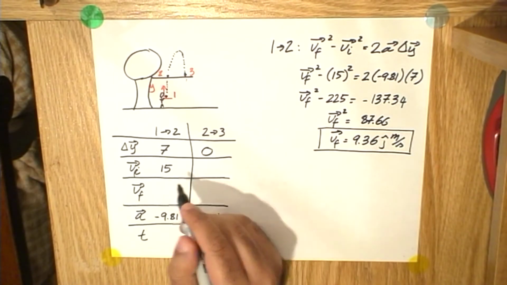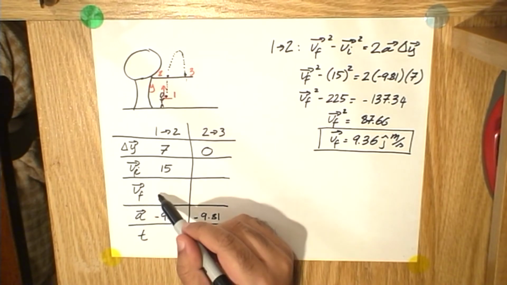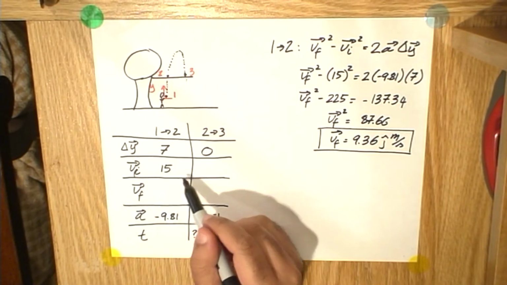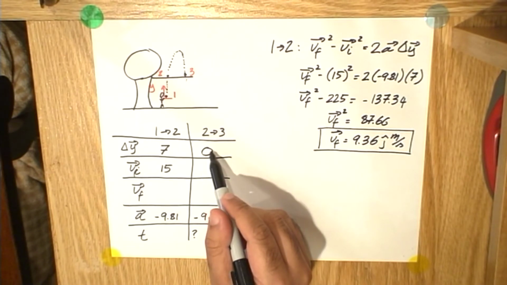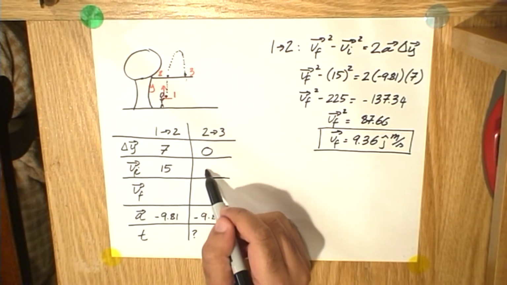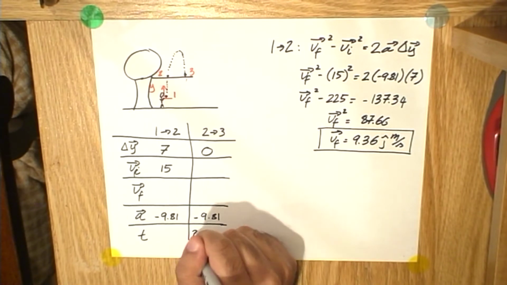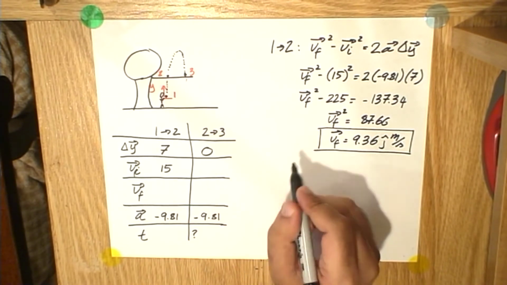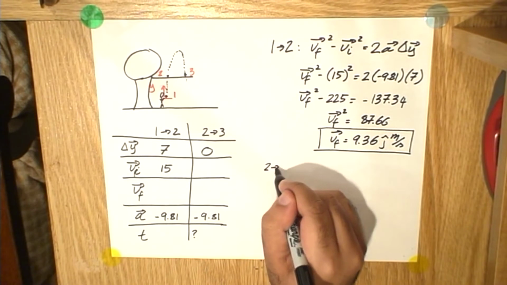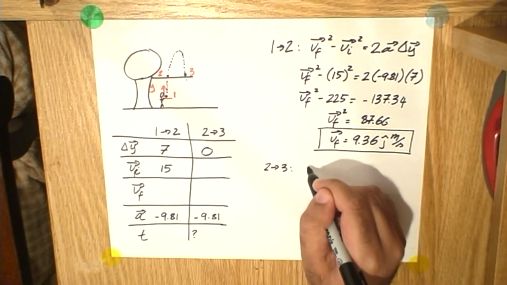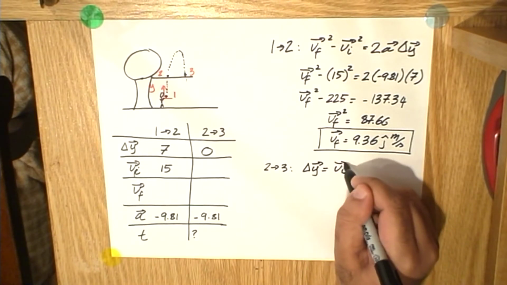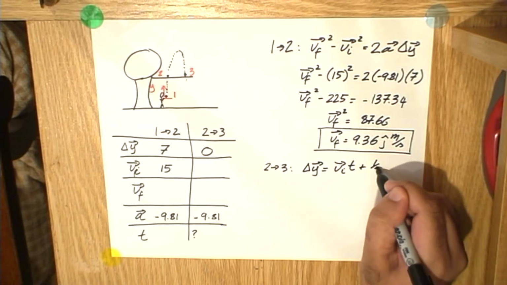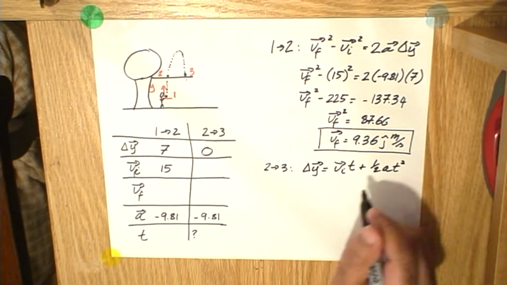Now, we know the final velocity for 1 to 2, which is also the initial velocity from 2 to 3. So we now have displacement, initial velocity, acceleration, and we're looking for time. The only equation that weaves together those 4 quantities is toolbox equation 3. Delta y is equal to v initial times t plus 1/2 at squared.